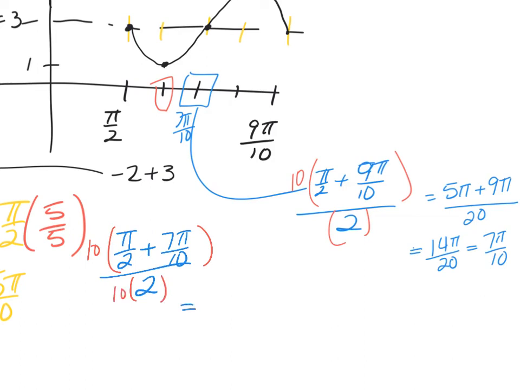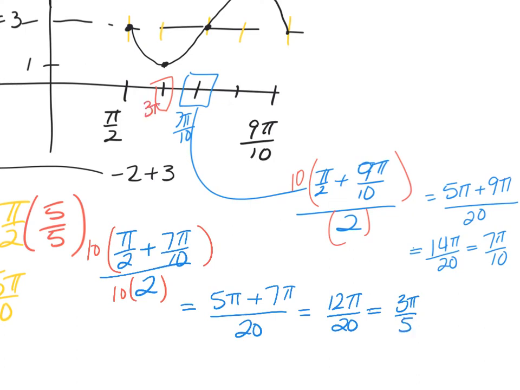So I will get 5 pi plus 7 pi all over 20, which gives me 12 pi over 20, which, reduced by 4, is 3 pi over 5. So this is 3 pi over 5.